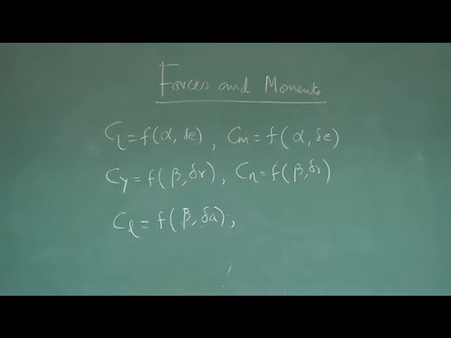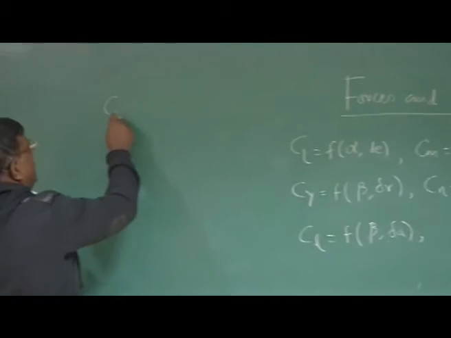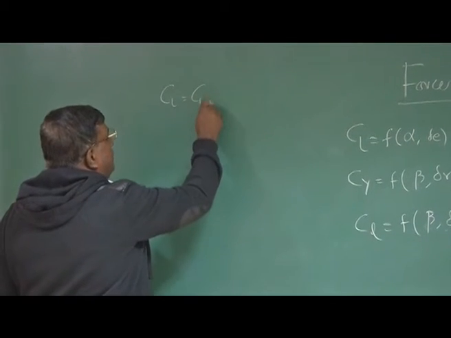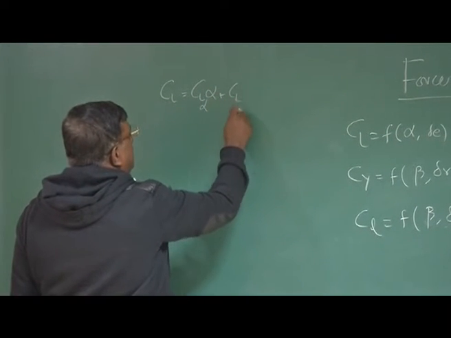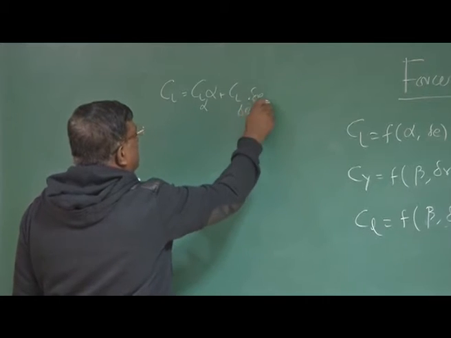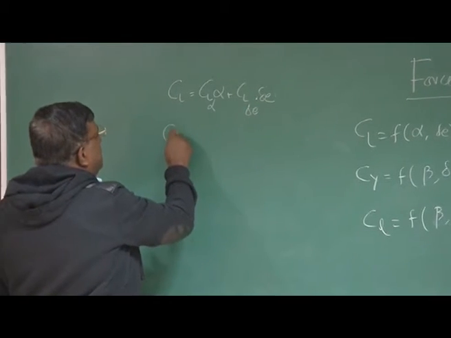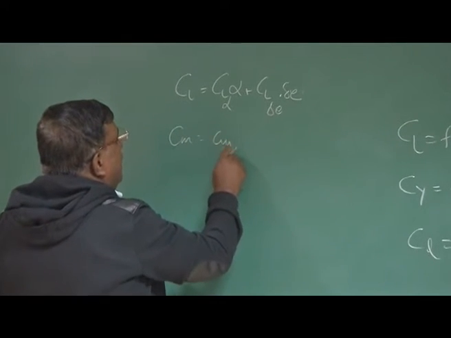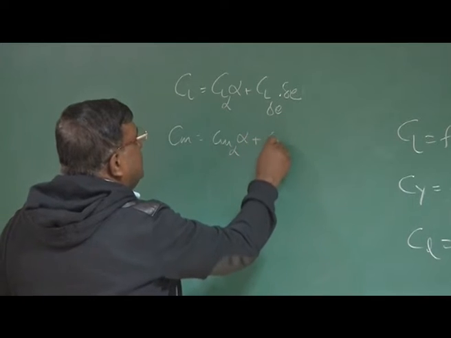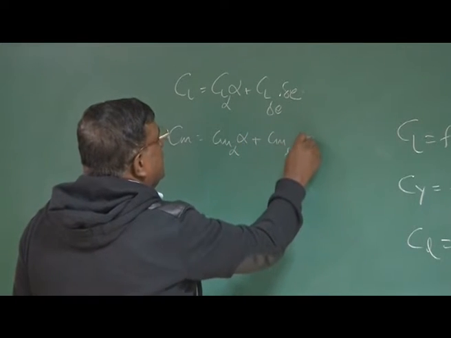When I talk about CL, we wrote CL equal to CL alpha into alpha plus CL delta E into delta E. Similarly, for Cm, we wrote Cm alpha into alpha plus Cm delta E into delta E.